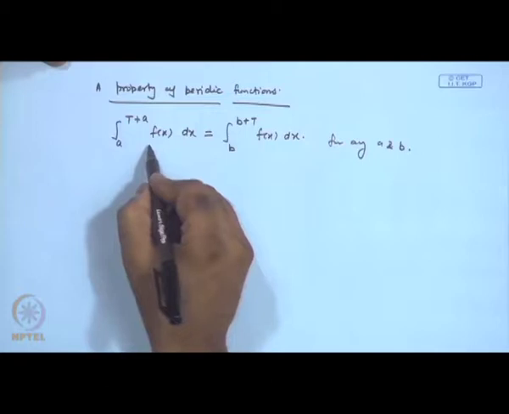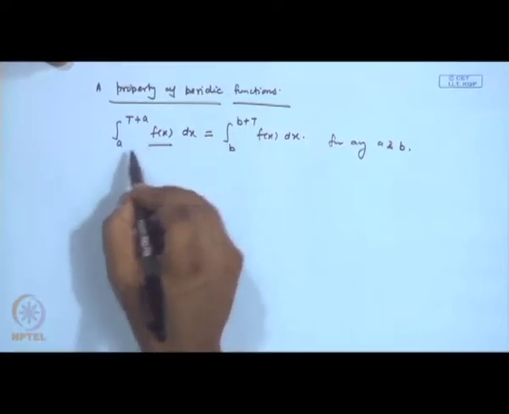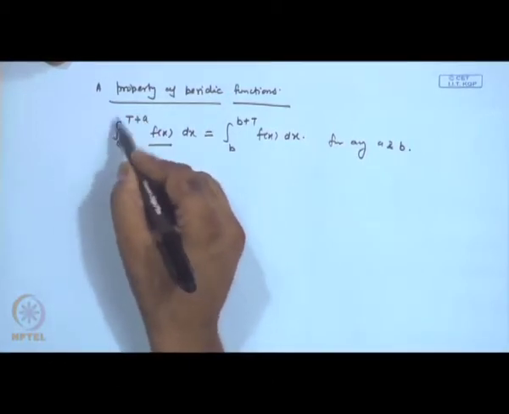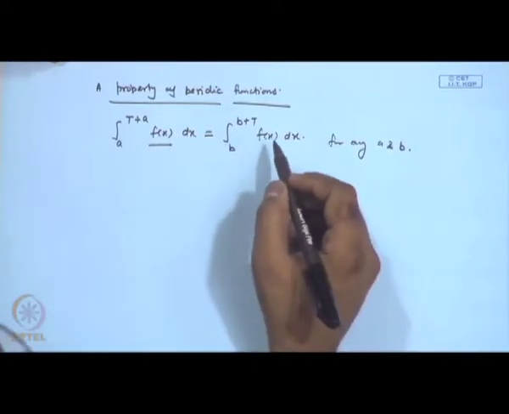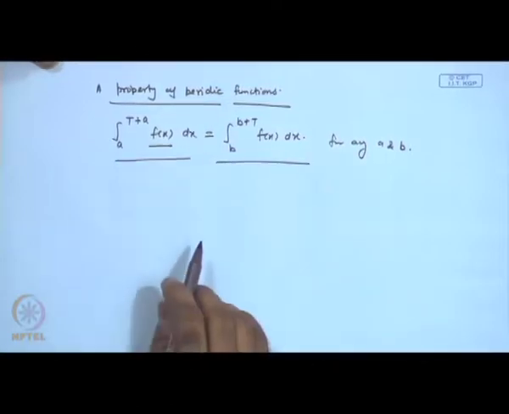So, if a function is integrable on any interval of length T, then it is integrable on any other interval of the same length, and the value of the integral is the same.